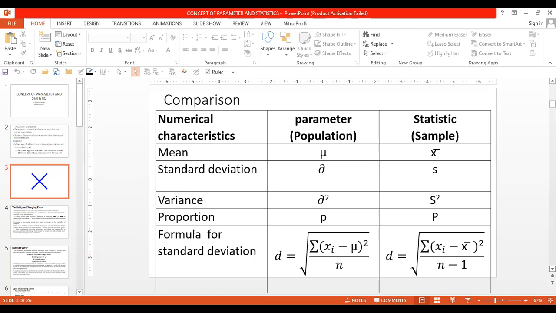So you can see that when we are talking of the parameter and the statistic, we are talking of the same thing, but for a parameter, it's taken from the population. So when you are talking about a parameter, you are referring to the population. And when you're talking about a statistic, you are referring to a sample drawn from the population. We are going to be using these, and you'll be seeing the difference as we go on with the lesson.